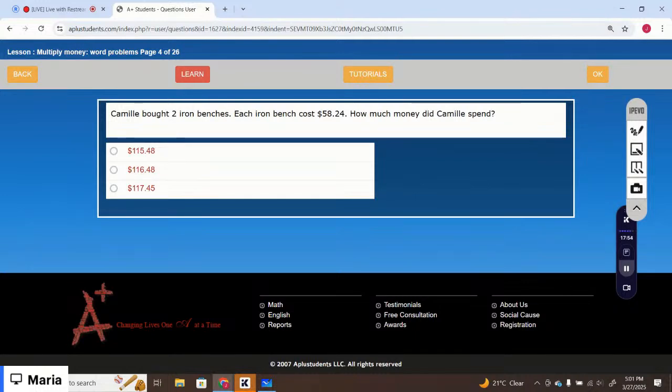Camel bought two iron benches. Each iron bench costs $58.24. How much money did Camel spend? So you need to calculate the amount for two benches.